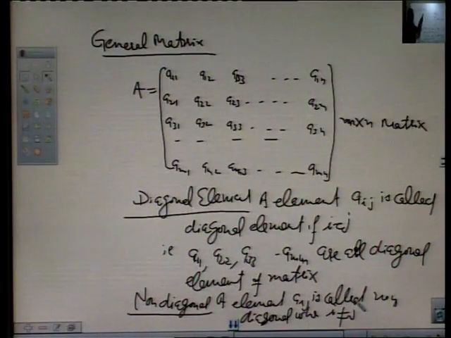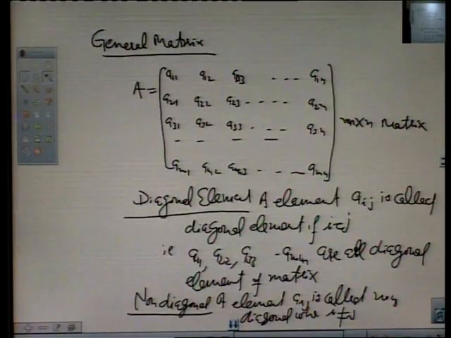Here A11, A22, A33, these are the diagonal elements, and this line along which the elements lie is called principal diagonal. Other elements, this is a non-diagonal element, this is a non-diagonal element. A12 is non-diagonal, A23 is non-diagonal, A2n is also non-diagonal.